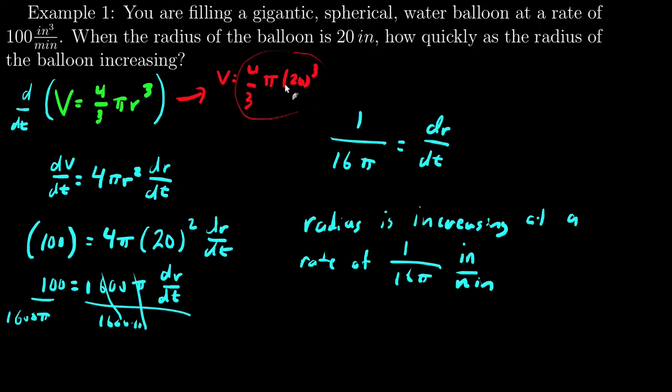Since it's constant, when I take its derivative, it will equal 0. But we can see that I actually have something varying here. The volume isn't changing at a rate of 0. It has to be increasing. So that's the idea. I can't actually put in any of the values that happen to be changing over the course of time. Radius and volume are both increasing, so I have to take the derivative before I can put anything in.